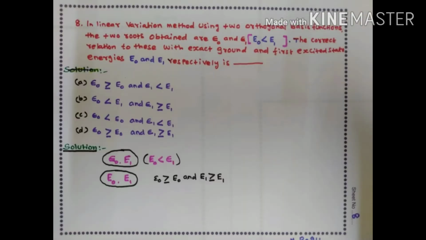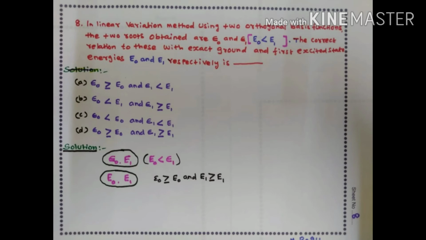Question number 8. In the linear variation method using two orthogonal basis functions, the two roots obtained are E0 and E1, E0 greater than E1. The correct relation of these with the exact ground and first excited state energies is.